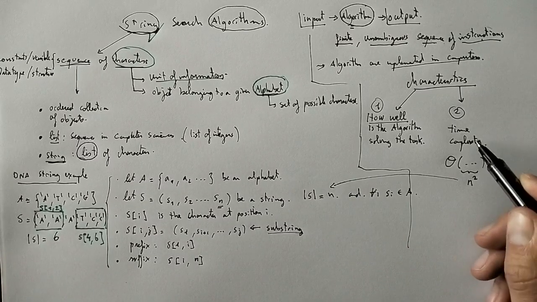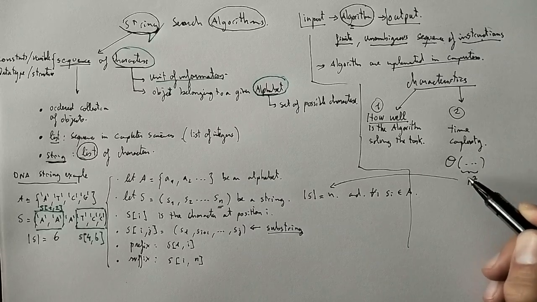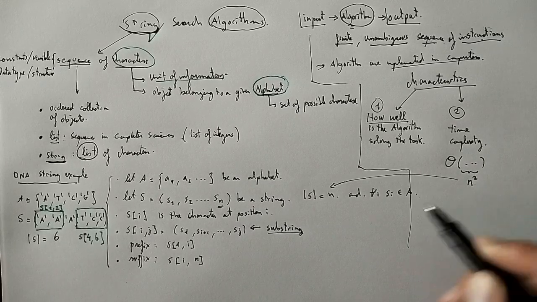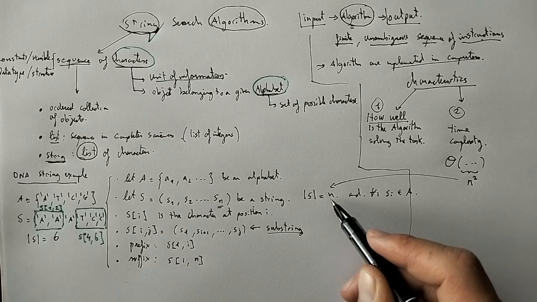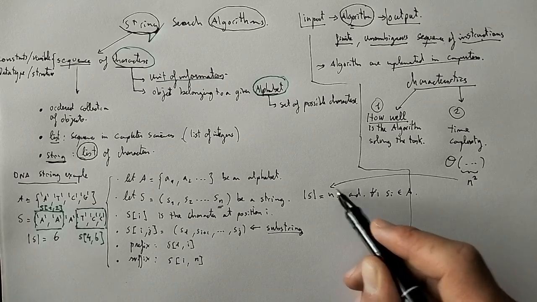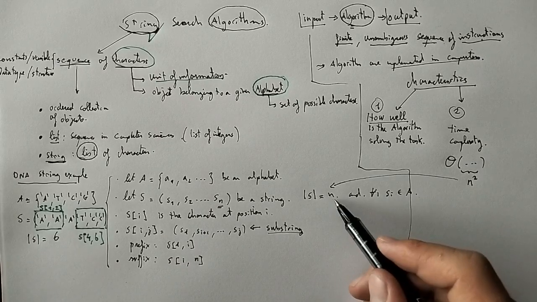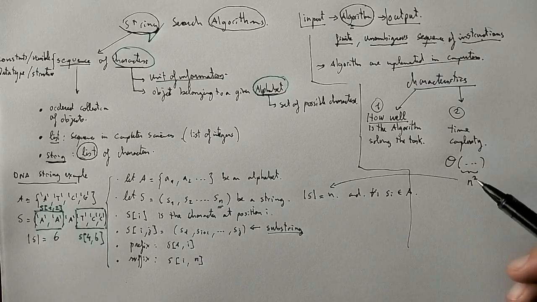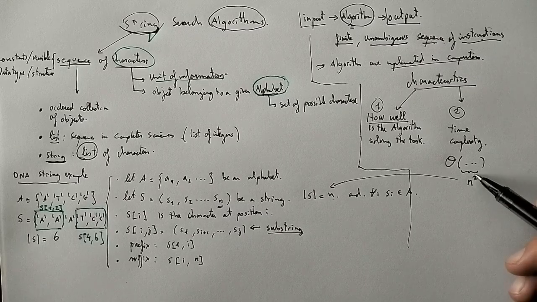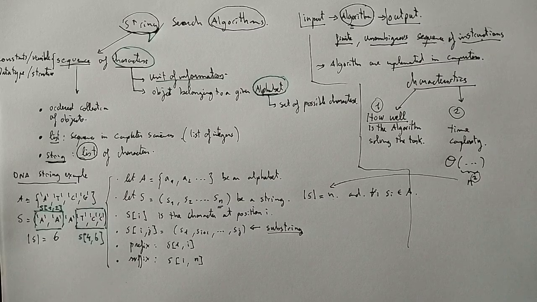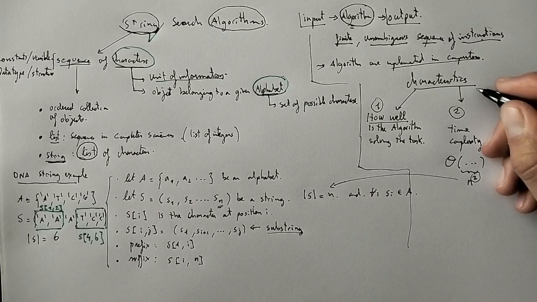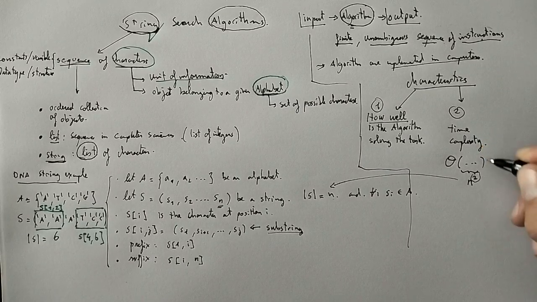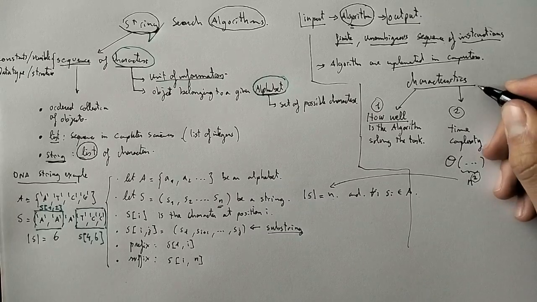So if we have an algorithm that is running in O of n square, it means that when our string is 10 times larger, the time complexity will be to the power of 2. This gives us an idea of how much time it will take to run the algorithm when the main variables increase.